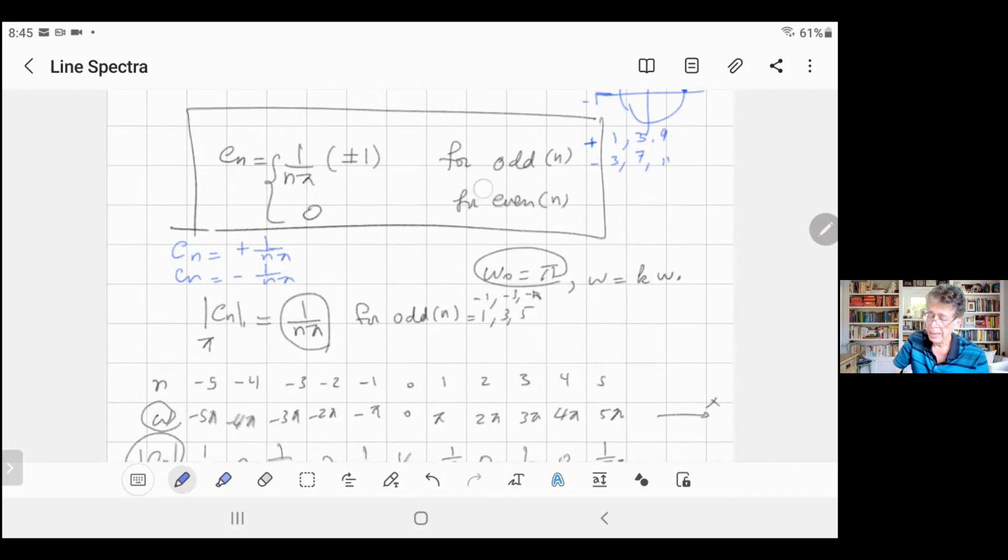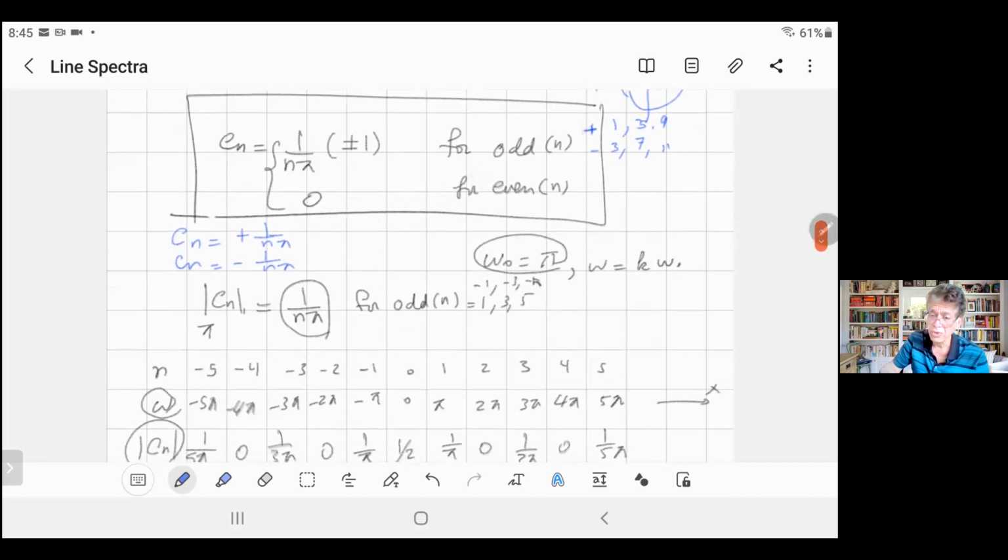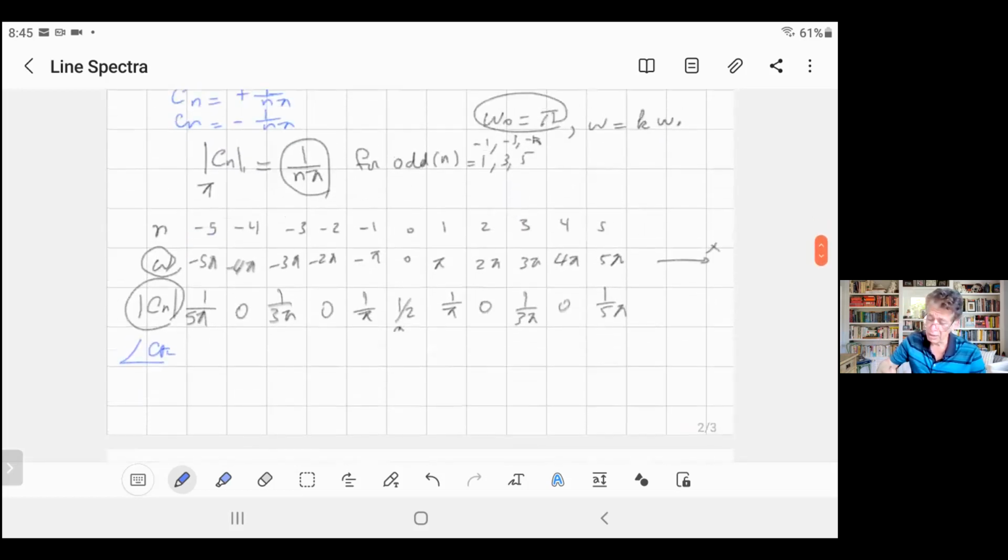So it gives a positive value at 1, 5, 9. But we don't have 9 in this table; we have up to 5 only. So the first and the fifth have a positive value. What does it mean? It means the angle is equal to 0.